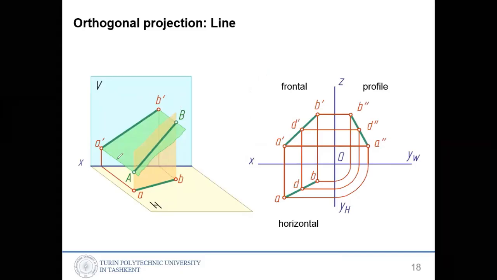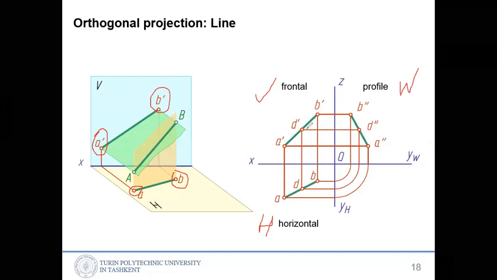Point A projection is here, A dash in the V plane, and B dash here, and A is from the top plane projection, and B is here. So by orthogonal projection you can see the frontal plane V, the horizontal H plane, and the profile W plane. The line can be done this way: A'B', A''B'', and AB.